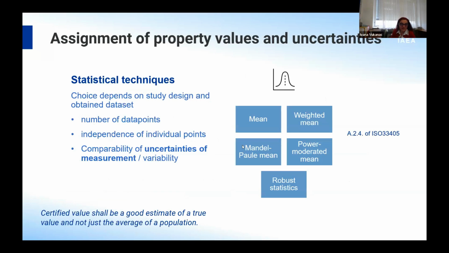Statistical techniques used in value assignment strongly depend on study design and quality of the obtained data set, meaning what is the number of data points, are individual points independent, and if uncertainties of individual data points are comparable. ISO 33405 gives us some recommendations on statistical approaches that could be used in value assignment.